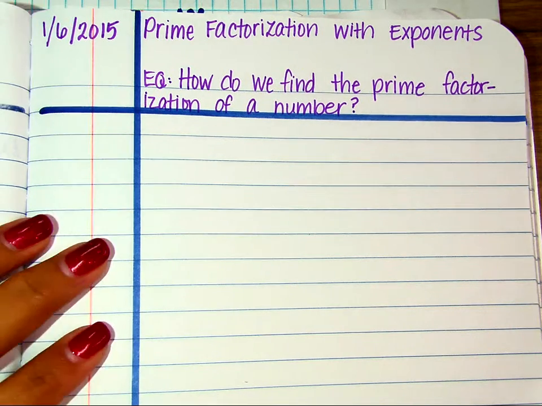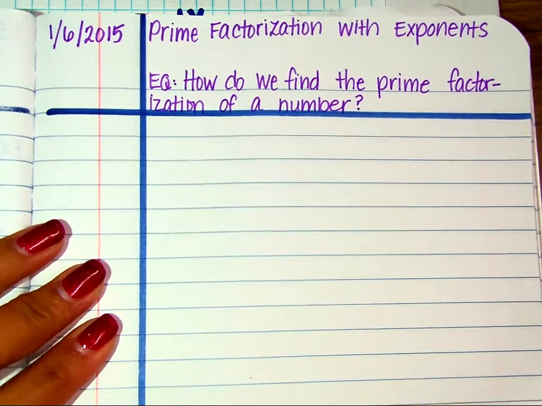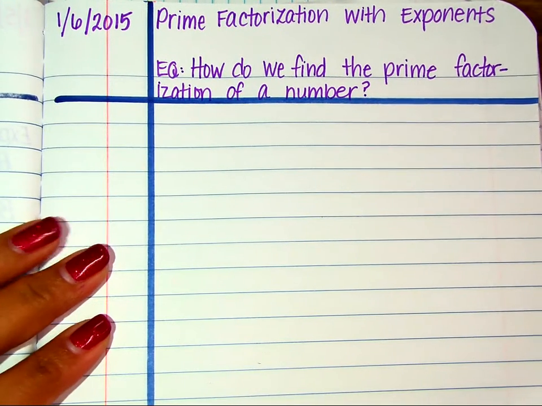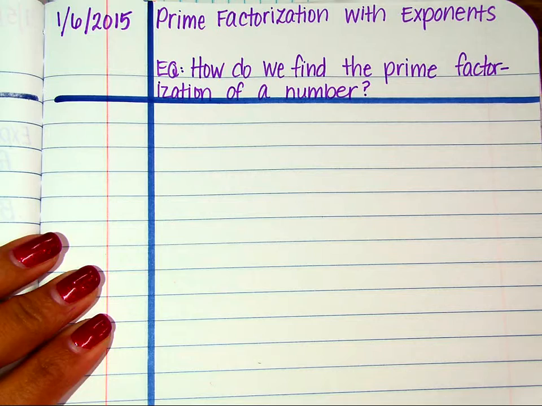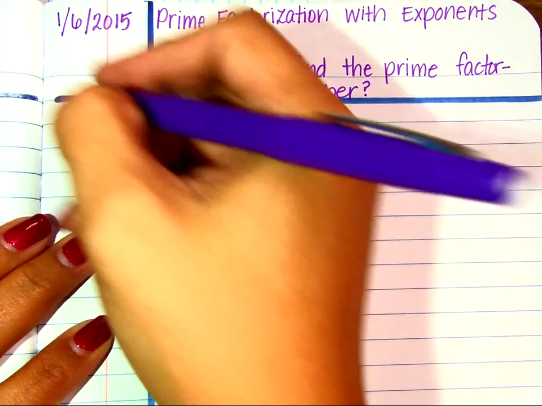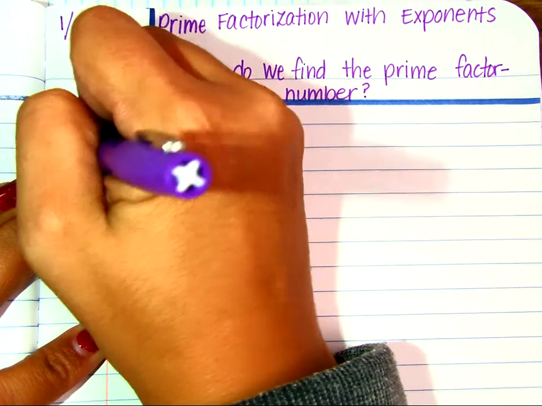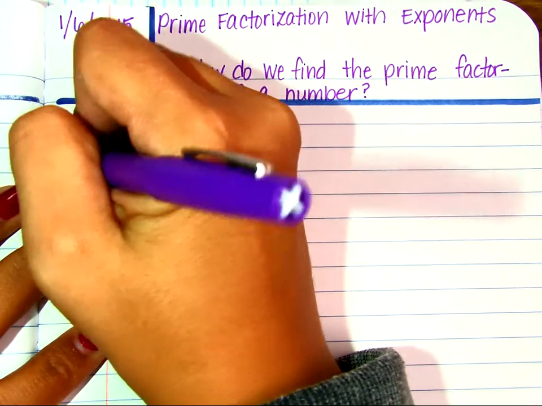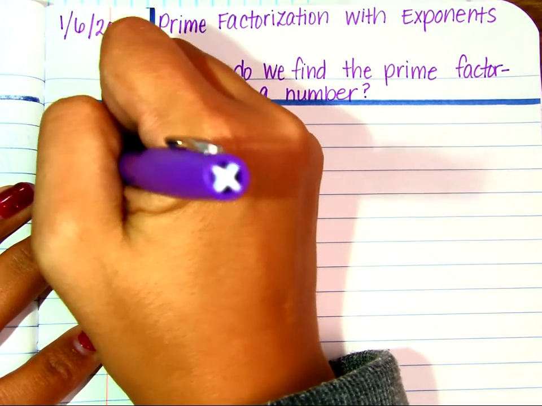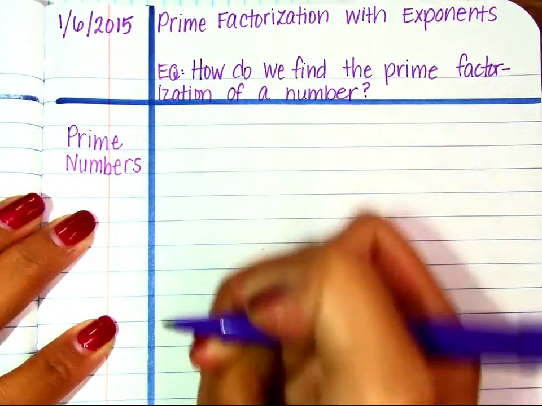But vocabulary is important, and if you don't understand the vocabulary terms, then you're going to have a hard time with the unit in general. So the first term we need to define is prime numbers. We need to know what prime numbers are.